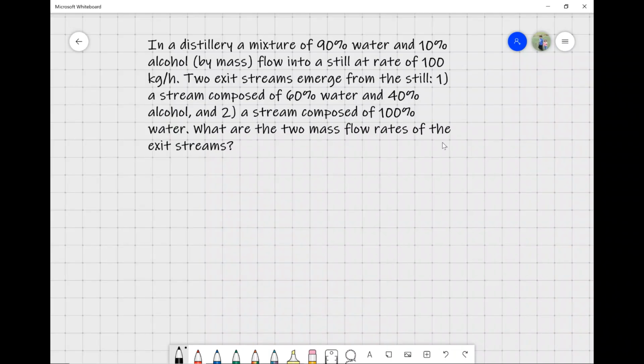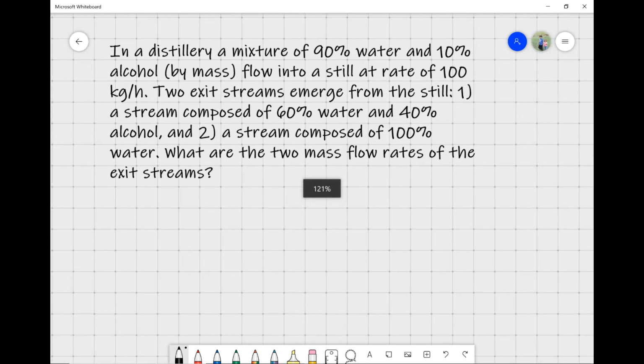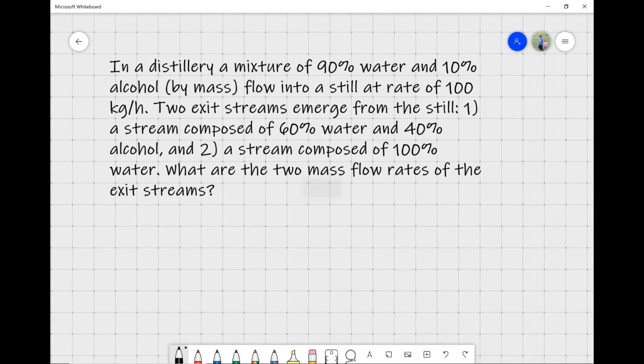Here is a text version of the distillery problem that we are going to work out now. I'll go ahead and read it to you, and you can read along as well. The way it's written is pretty similar to how most of the problems will be written in this class.